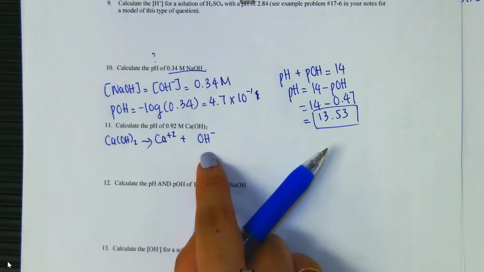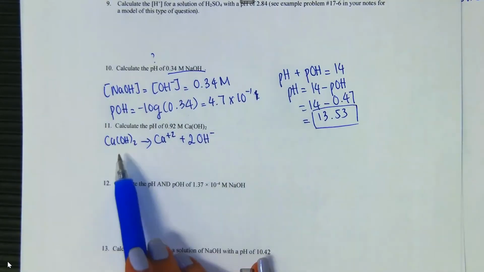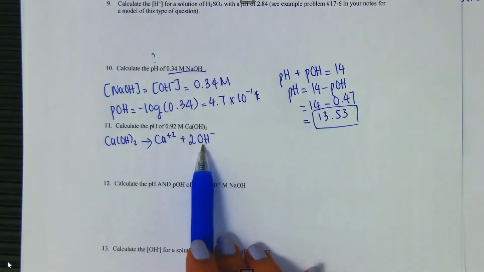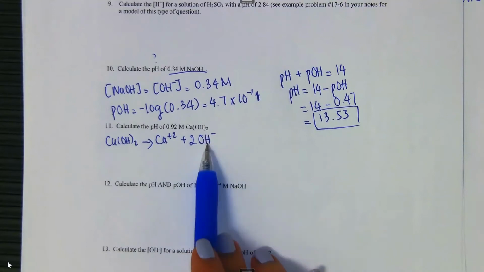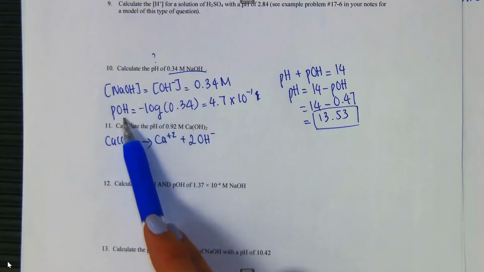But not just OH minus, it dissociates into 2 OH minus. 2 OH in the beginning, 2 OH at the end. Because of this, the concentration that you're going to plug into your pOH is going to be different.